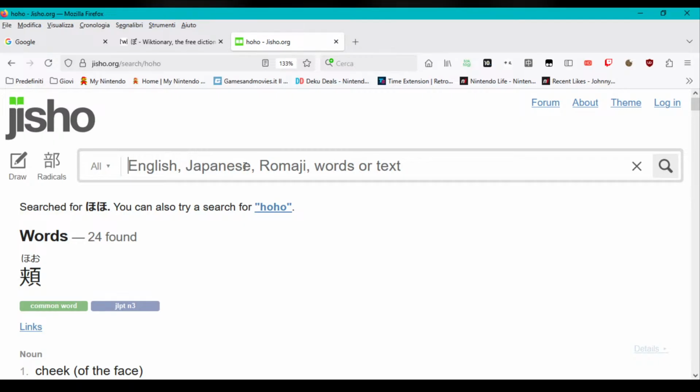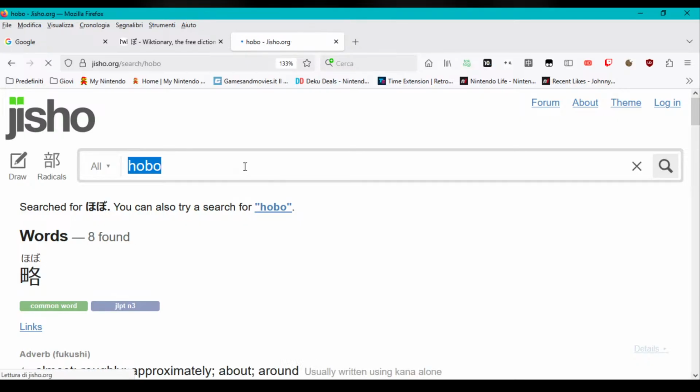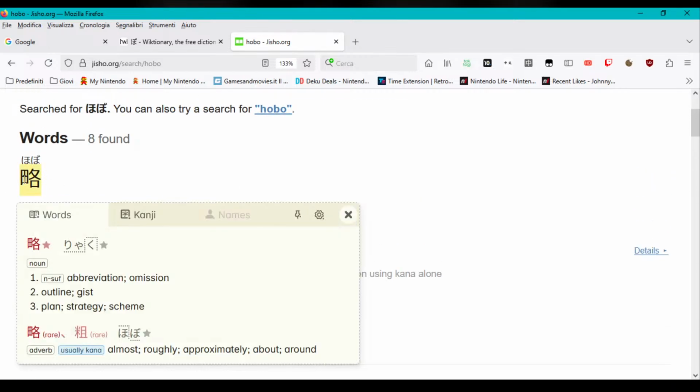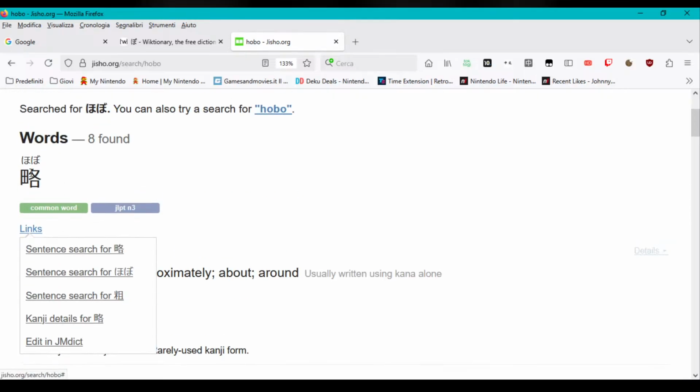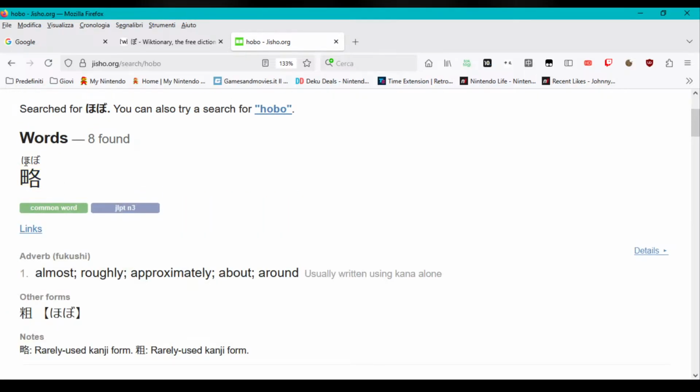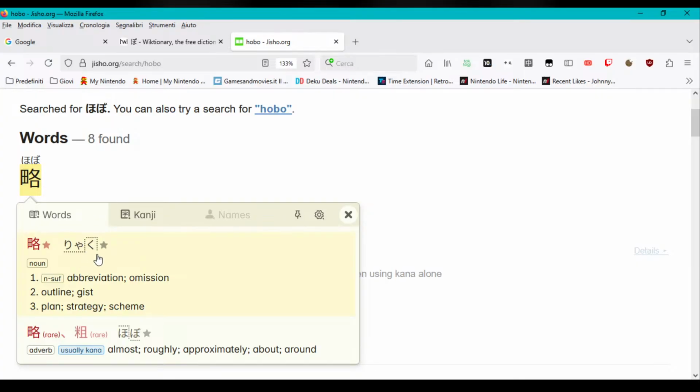Okay. We can see this word for bo. Never mind the kanji and the first word for this kanji, which is the more common one.